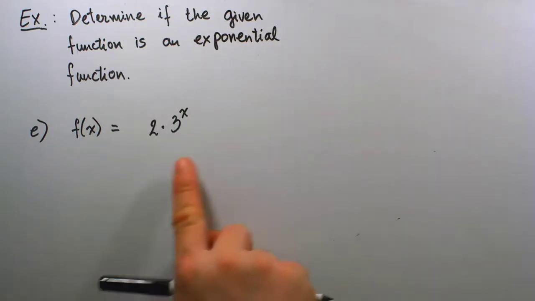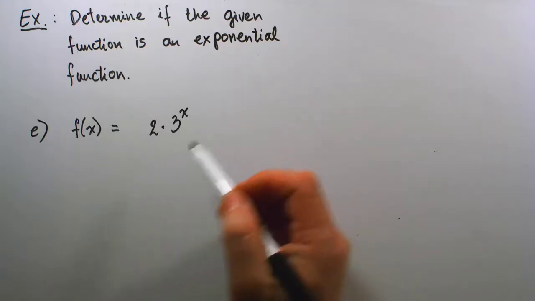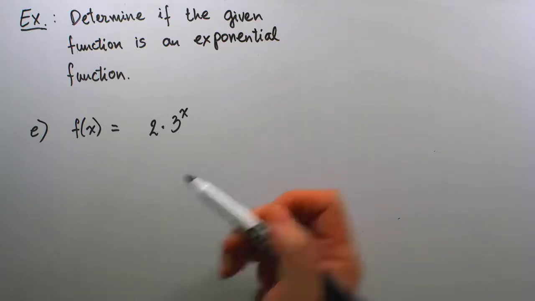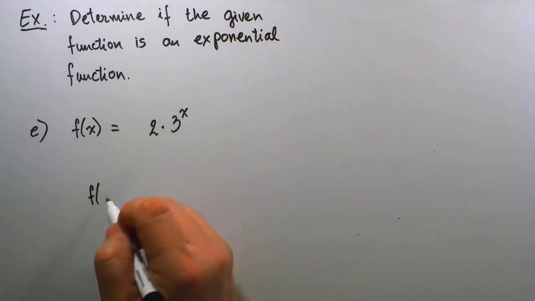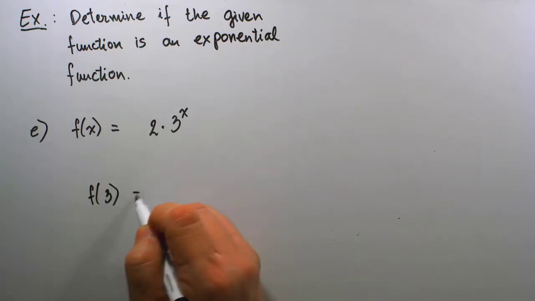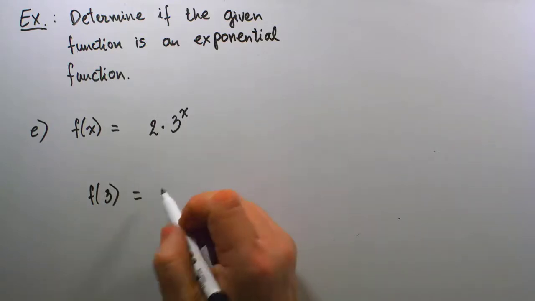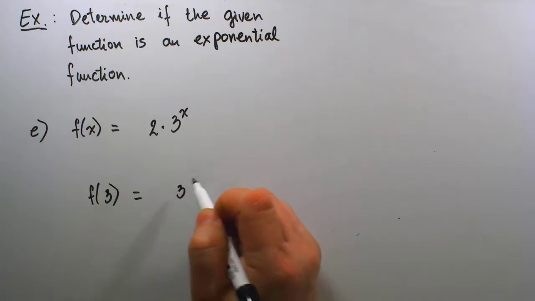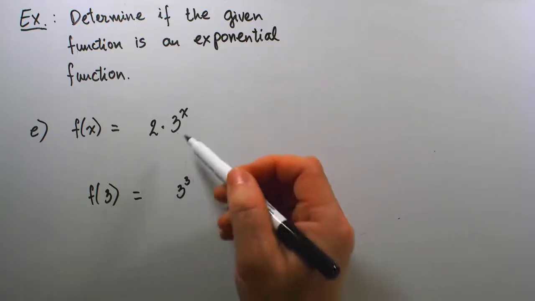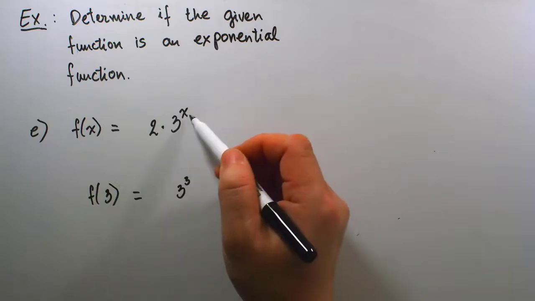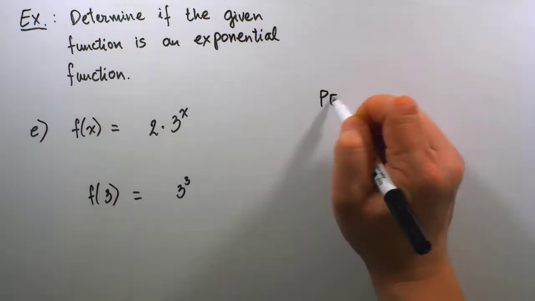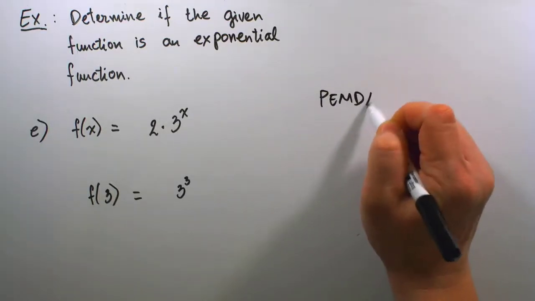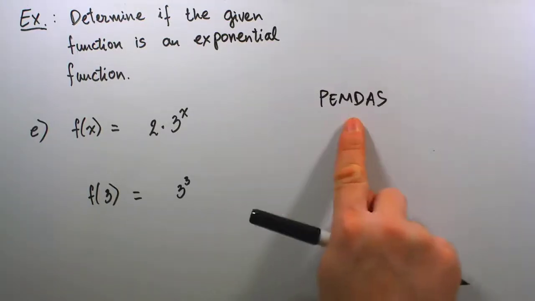Notice that according to the order of operations, once we substitute a value for the variable, for example 3, then to evaluate this function we get 3 to the 3rd power, because according to the order of operations we have to raise powers or exponents before multiplication. Anytime anyone is proceeding into an operation, record for yourself PEMDAS.